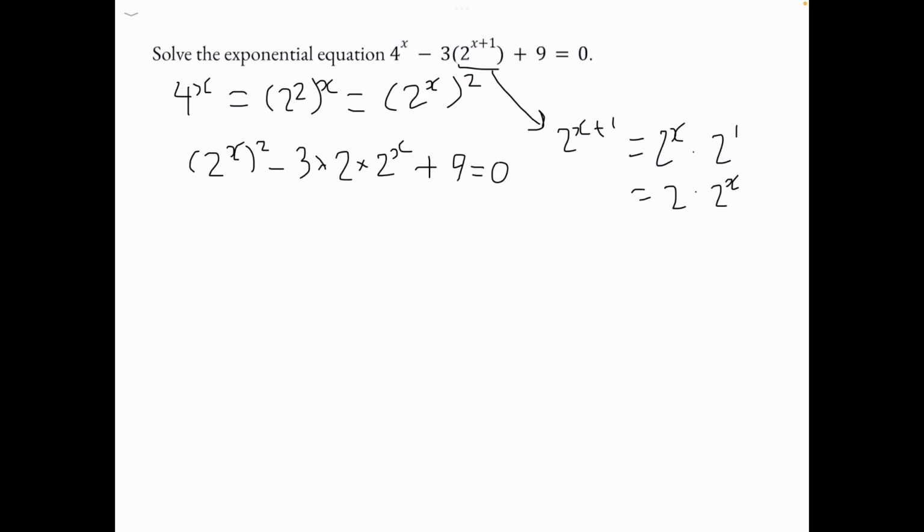Now we can just solve. So 3 times 2 is 6, so minus 6 times 2^x plus 9.